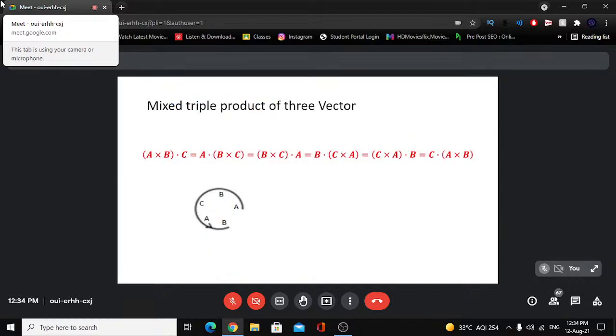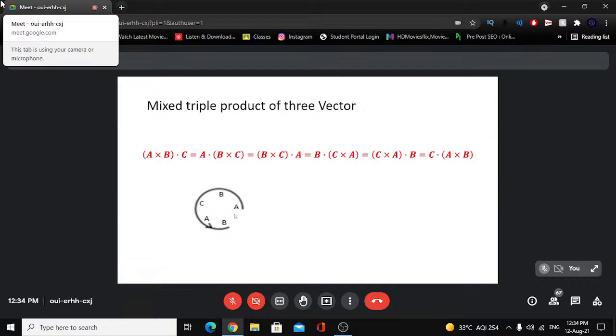Here is a mixed triple product, one very important relation, we'll use it somewhere. So let's discuss this. It's a rule to express this triple product. We write a circular arrow in anti-clockwise fashion.